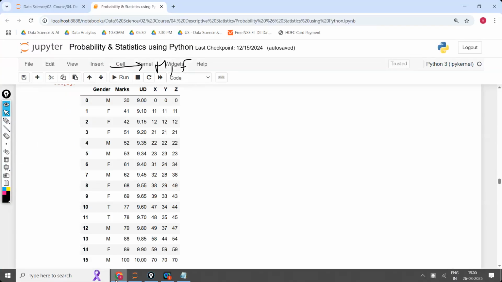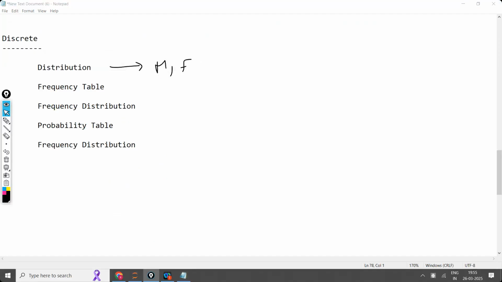So 3 unique values: M, F and T. Whether M is male or female is irrelevant, just letters are there. M letter is there, F letter is there, T letter is there.